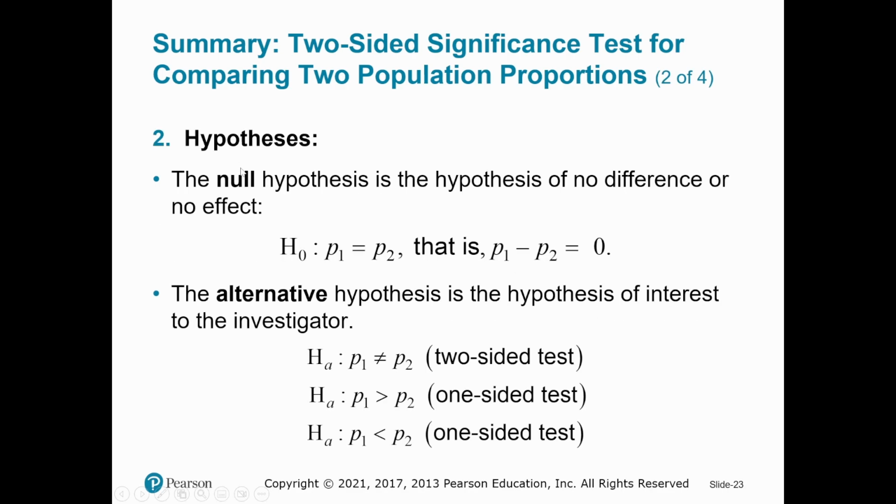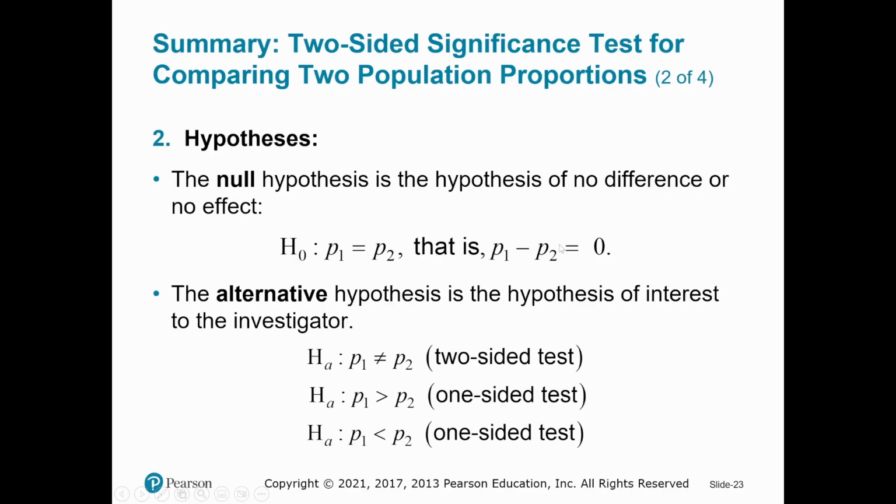Summary. Two-sided significance tests for comparing two population proportions. Hypotheses. I already mentioned this, but it is worth repeating. Under the null hypothesis, there's no difference, zero difference in the true population proportions.